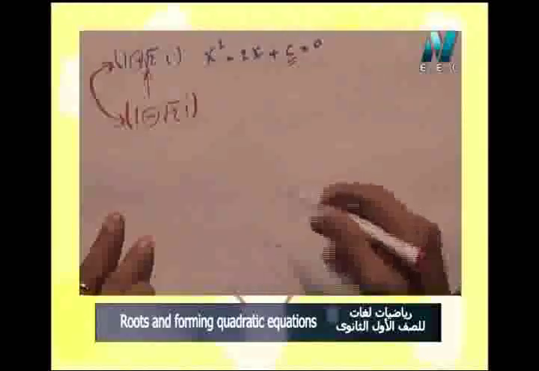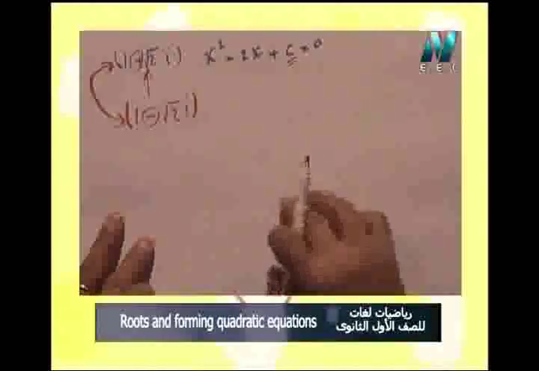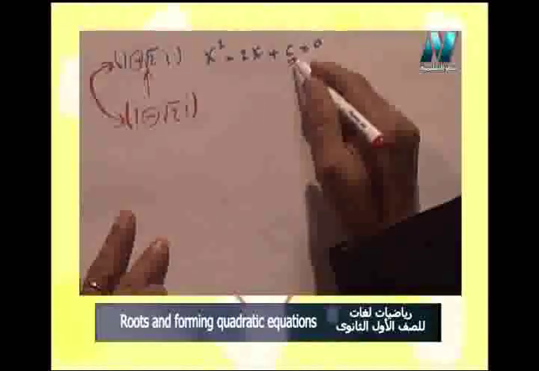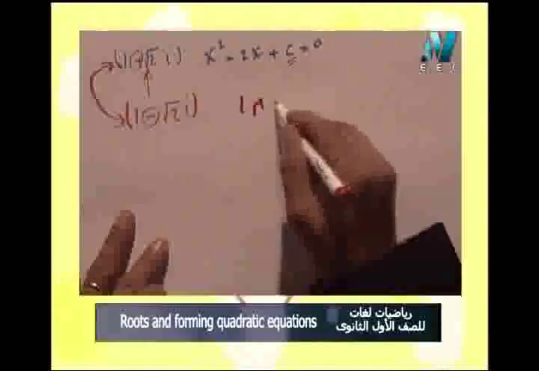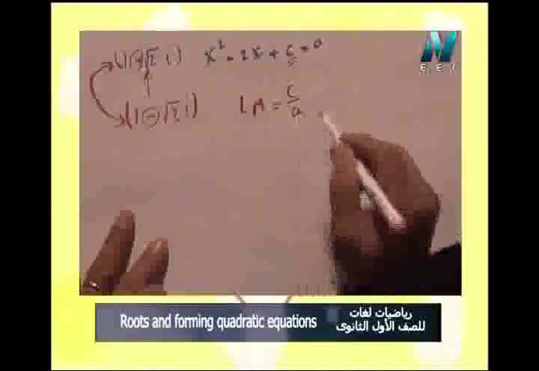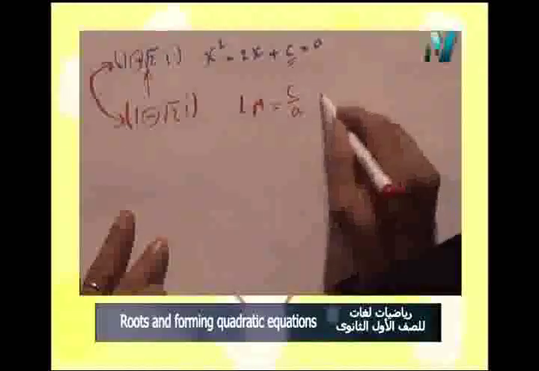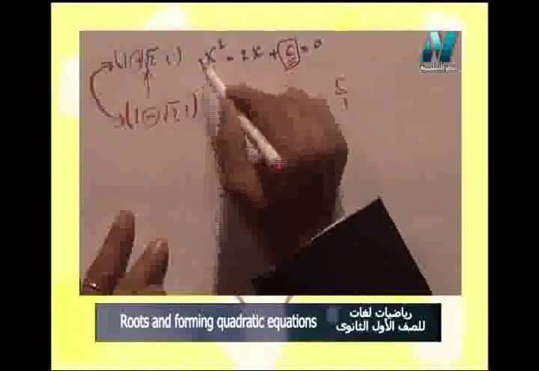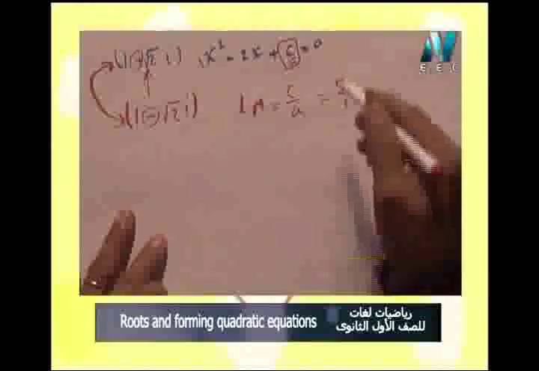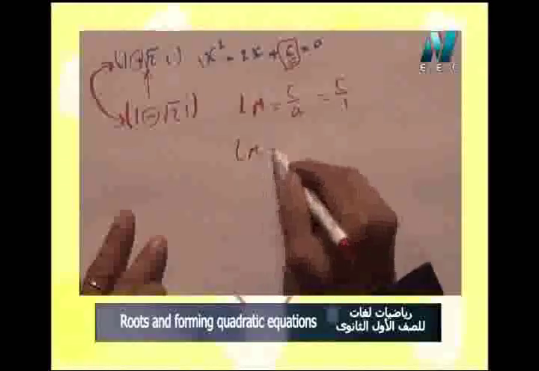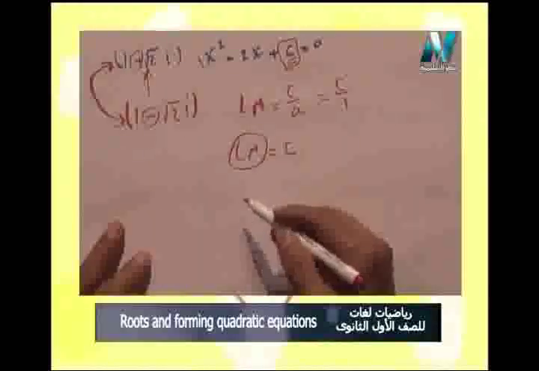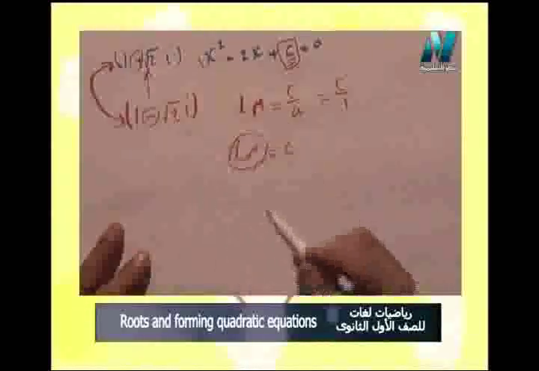We know that the product of the two roots lm, or alpha beta, equals c over a. Here it equals c over 1, because the coefficient of x power 2 is 1, so lm equals c. What is lm? Lm is the product of the two roots, and we have the two roots here.